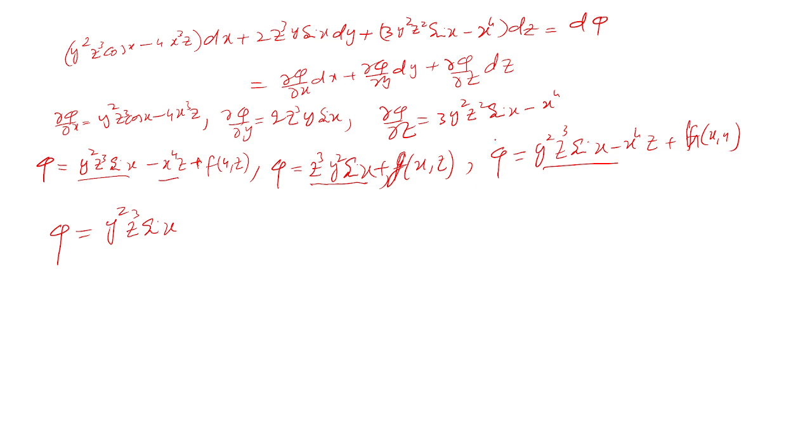Now this function is written over here and here, so that is minus x4z and plus some constant, no other term remains. This is the corresponding potential function.